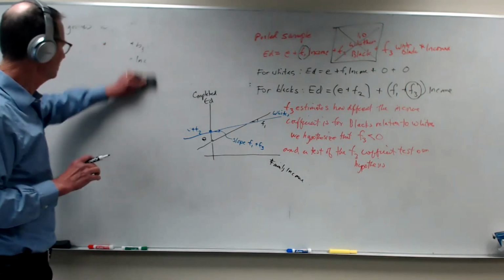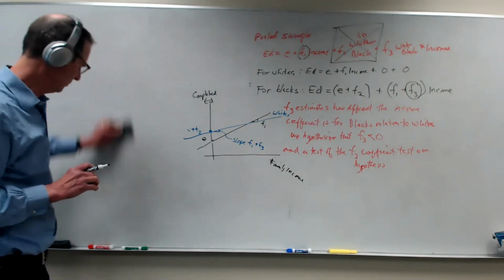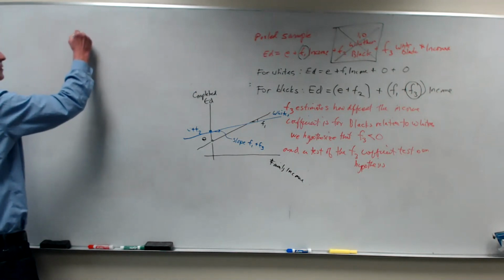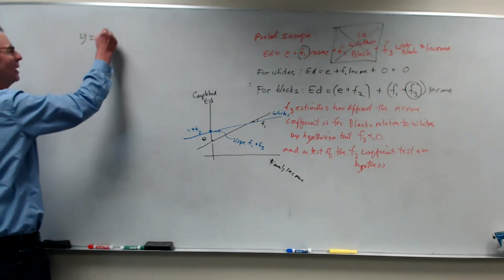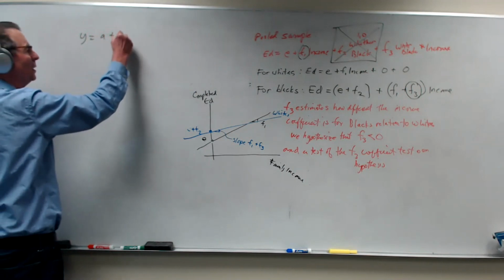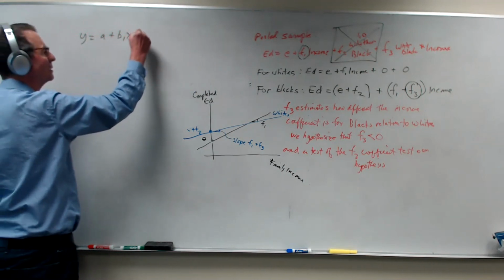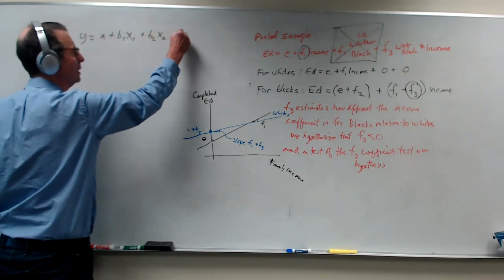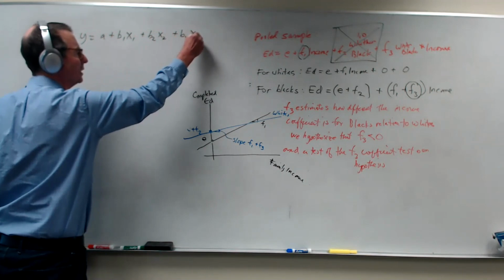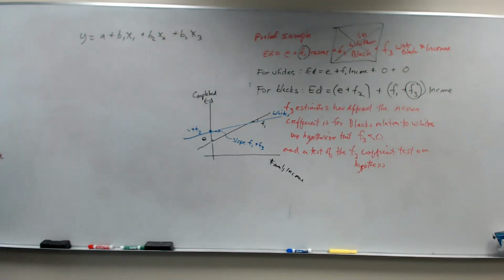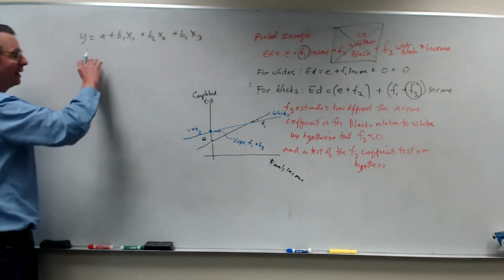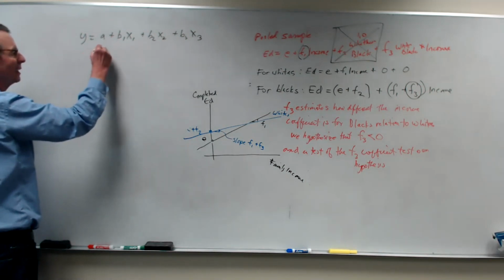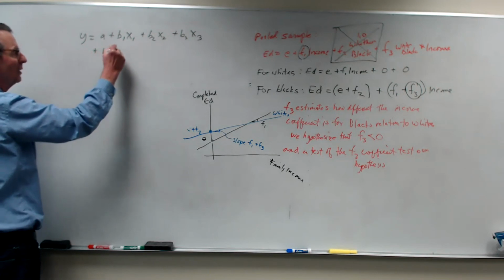If in general you've got a bunch of interaction terms, we typically have some y equals a plus b1 x1 plus b2 x2 plus b3 x3. That's the main effect model. You can have all sorts of interactions.